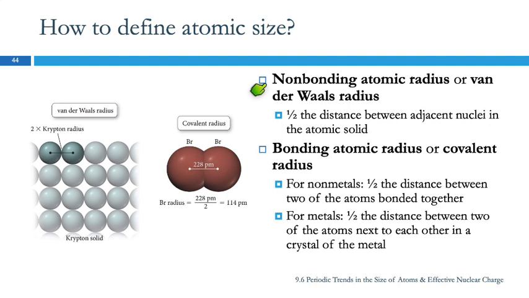Well, we're going to talk about the radius, and there's different ways to measure atoms. One way is called the non-bonding atomic radius, and this is half the distance between adjacent nuclei in the atomic solid.